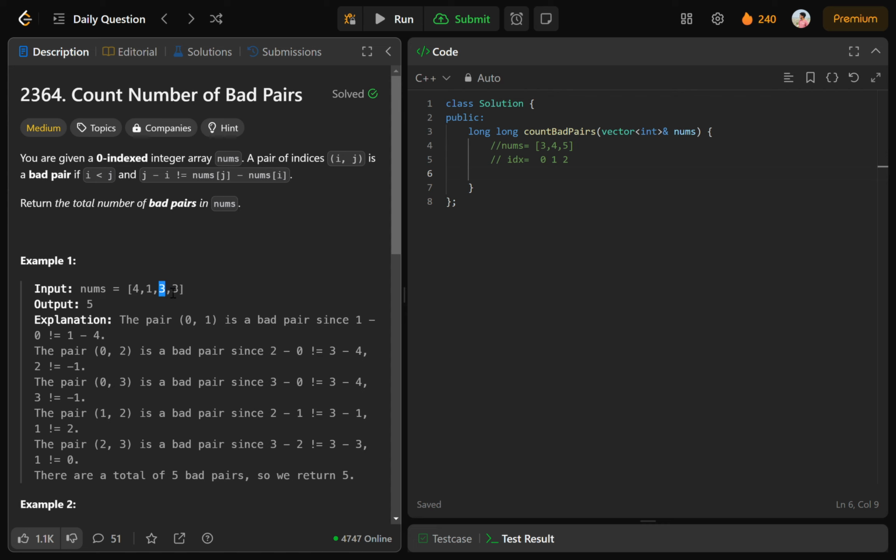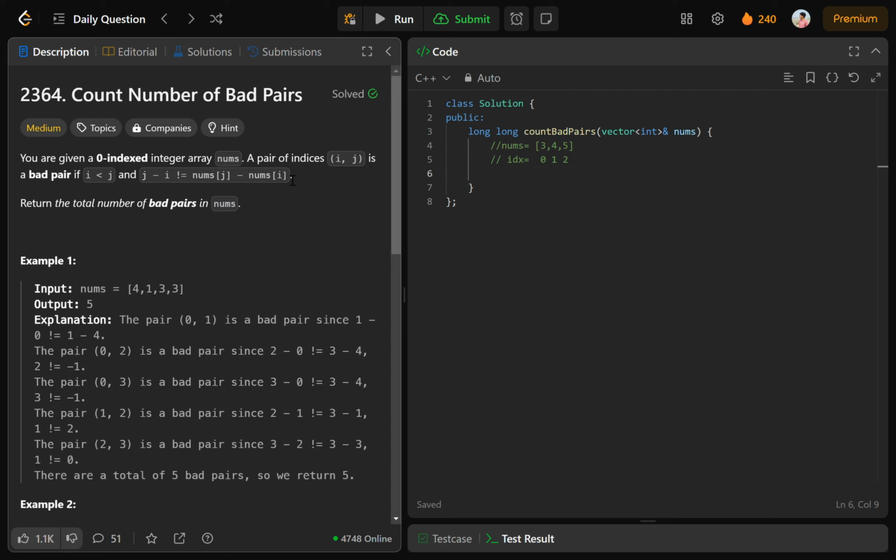Like for this element, the pairs that can be formed are 3 1 and 3 4, so the index is 2. So the total number of bad pairs will be the index minus the total number of good pairs. We will simply find good pairs on the left side, and then calculate the bad pairs for every index by the formula that I told.